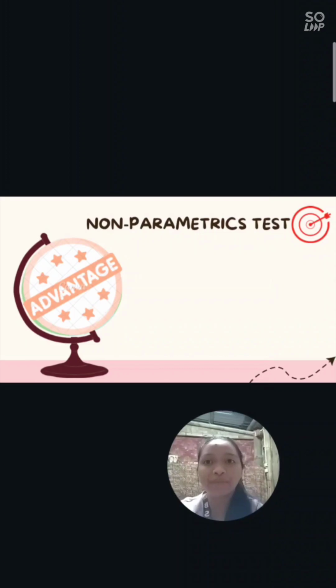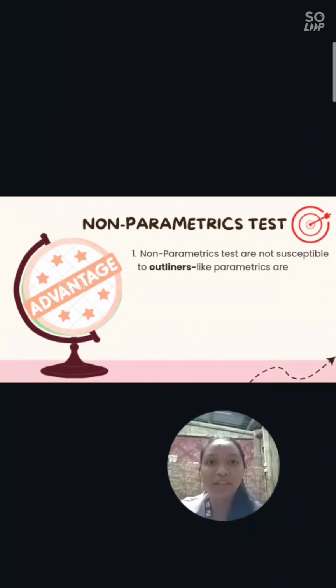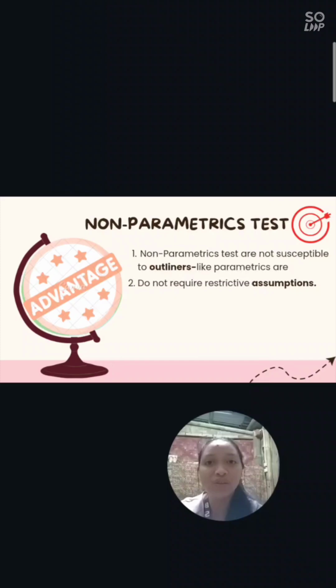Number 1. Nonparametric tests are not susceptible to outliers the way parametric tests are. One outlier score can affect a parametric test by inflating the variance and hence the error term. This can invalidate a conclusion drawn by a parametric test, so you make a type 1 error or perhaps even a type 2 error.